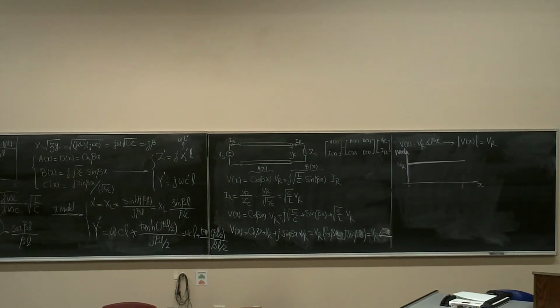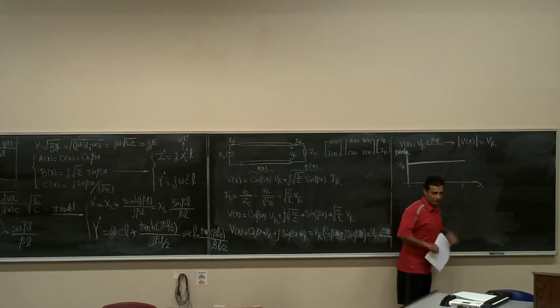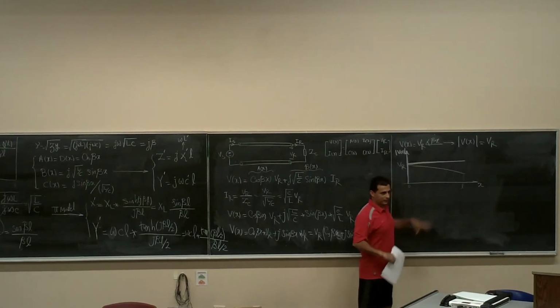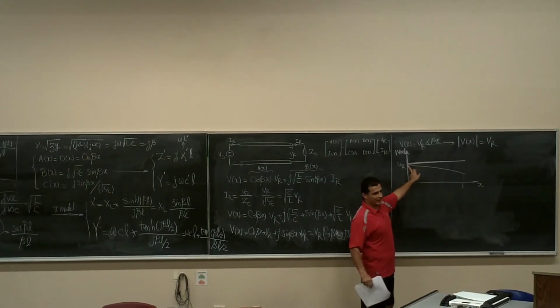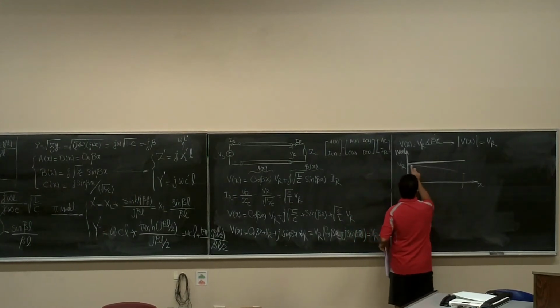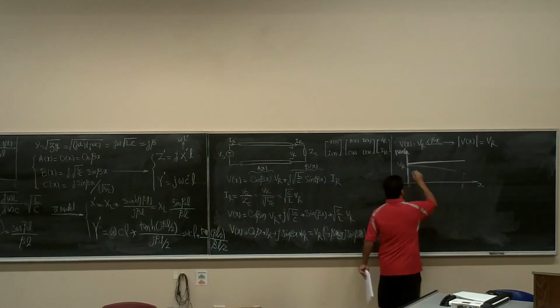But if it was not a lossless line, if it was a regular line, what's going to happen? VS is going to go like this, right? It's going to drop. There are two cases because this is the end and this is the beginning.